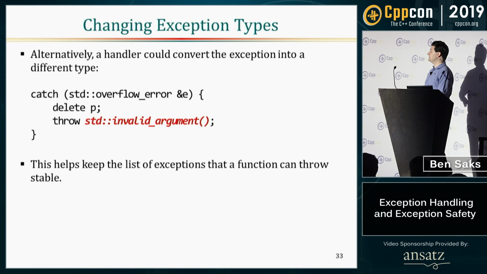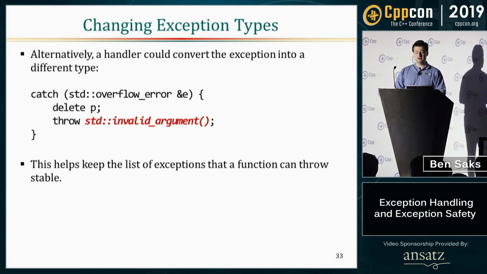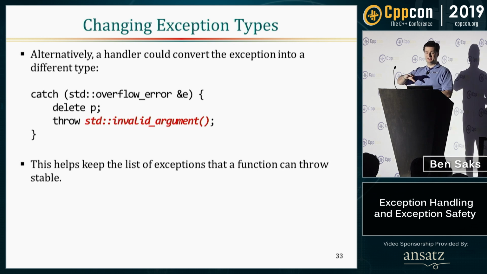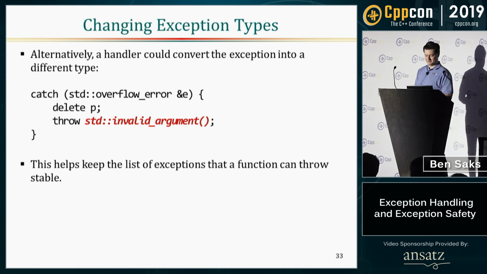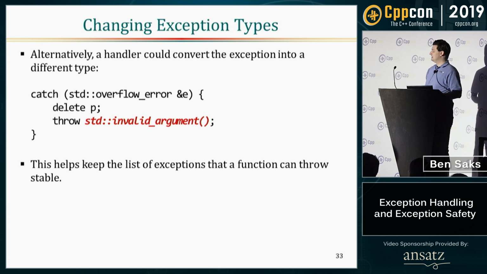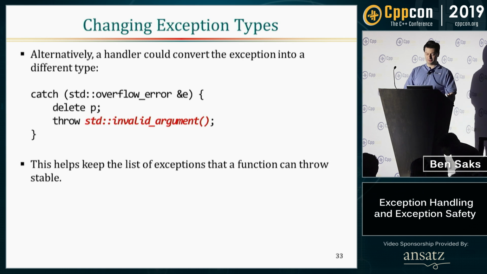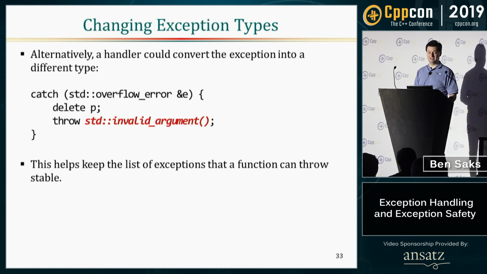Now, another thing that we could do in this sort of situation, instead of rethrowing, we could catch an exception of one type, deal with any local cleanup, and then translate that exception into another type of exception, like we're doing here, where we catch an overflow error, but the next thing that we throw further up the call stack is an invalid argument.